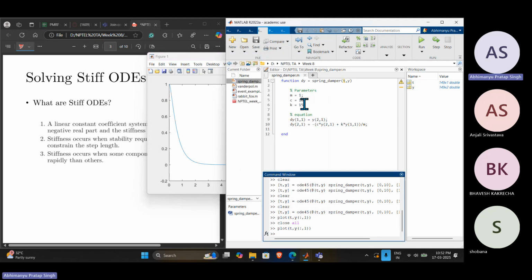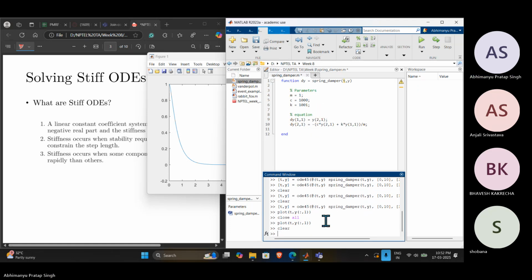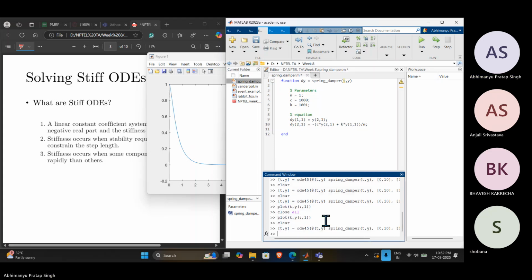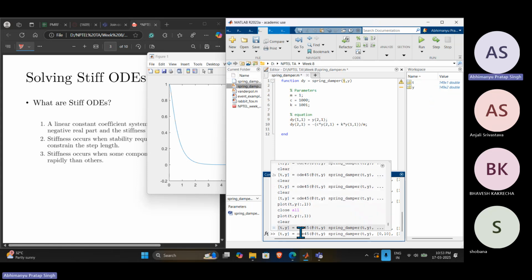For the same problem, if I take a very large C value and a very large K value, and I try to solve it now, same for 10 seconds, it is taking 149 steps. If I run it for long enough time.